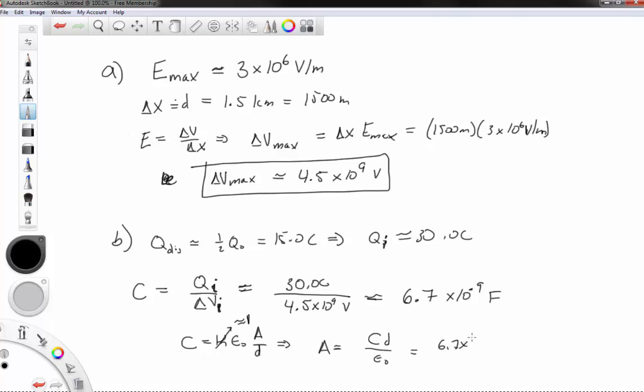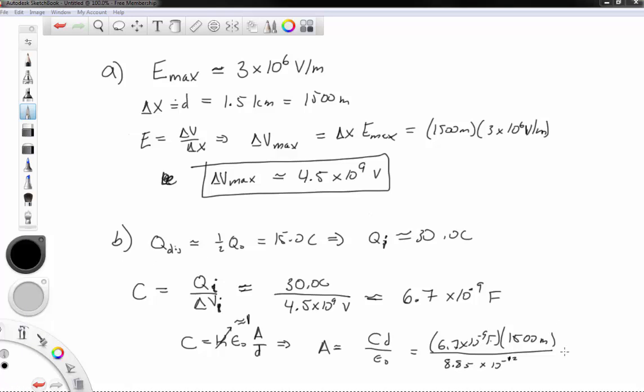So that's 6.7 times 10 to the minus 9 farads times the distance, which was given up here, 1,500 meters, divided by the epsilon naught, which was about 8.85 times 10 to the minus 12 farads per meter.